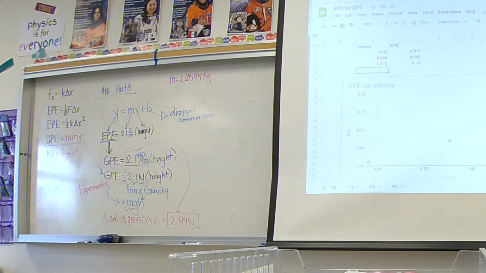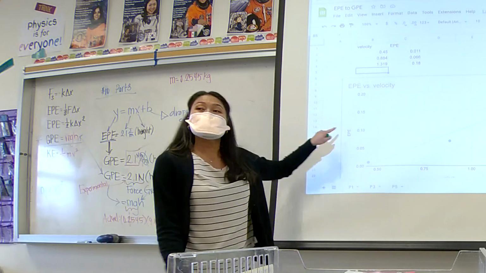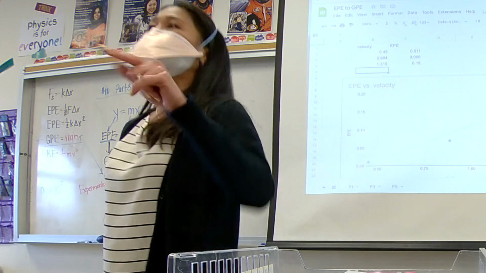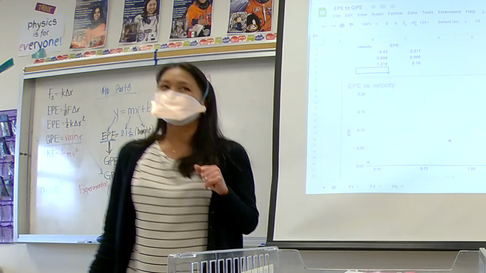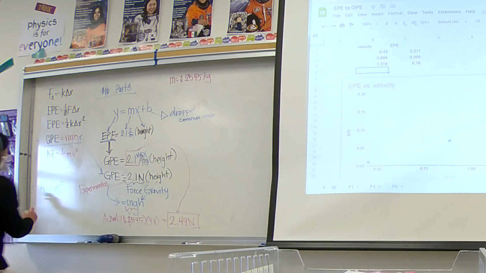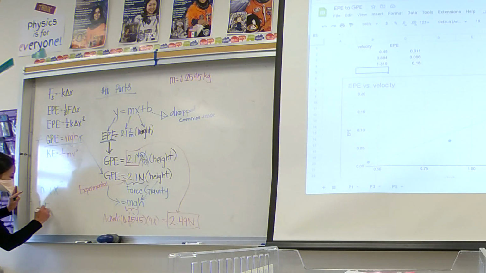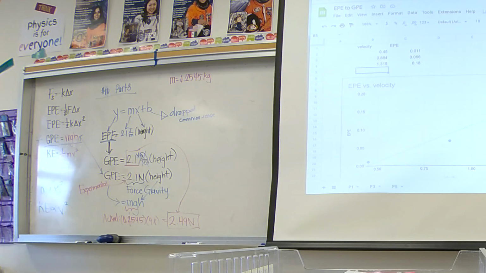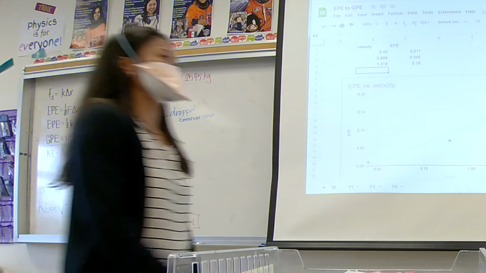When you have a curve like that, you have a squared proportion. So what does this elastic potential energy convert to? Kinetic, thank you. So my kinetic energy is proportional to velocity squared. It is a squared proportion, so if velocity doubles, the energy quadruples, right? If it triples, you get 9 times more.